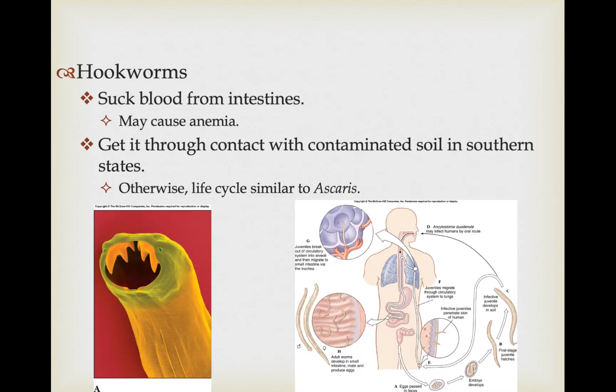Another type of roundworm infection that you could get in the U.S. is hookworm. Hookworms are blood-sucking parasites that are endoparasites, and they feed off of blood in the intestines. And this can cause anemia in individuals that have big infections. So how do you get hookworms? Well, in this case, you don't even have to eat anything.